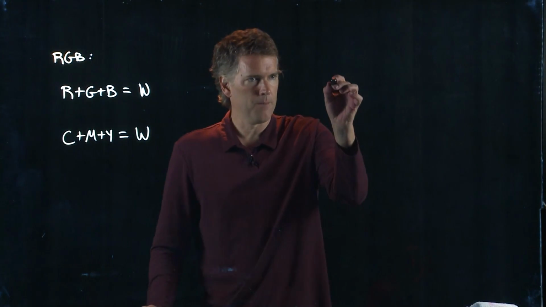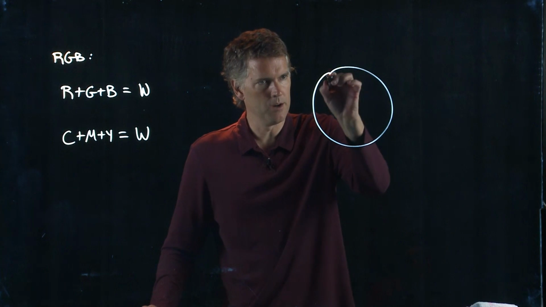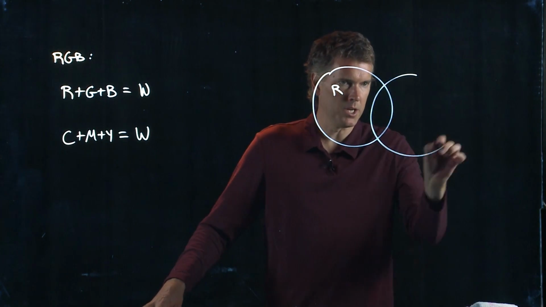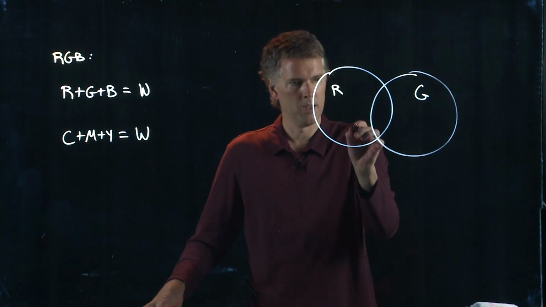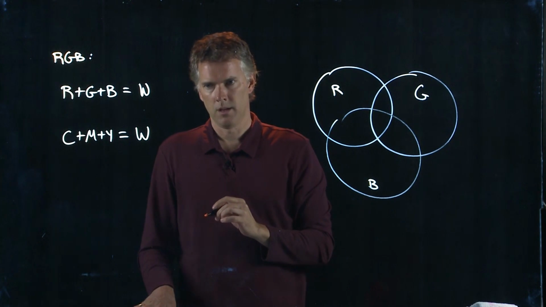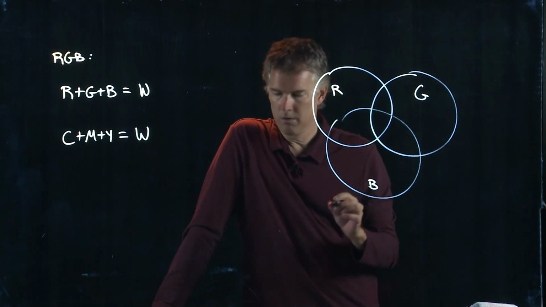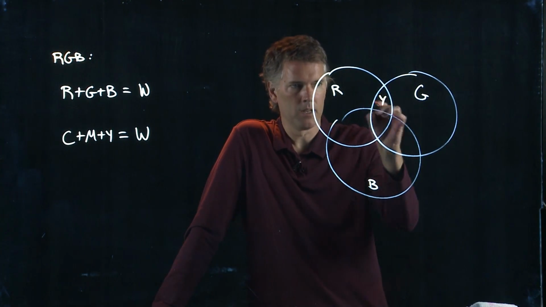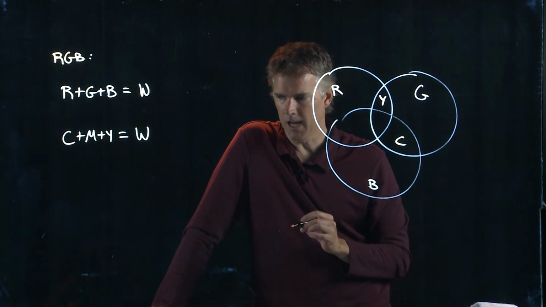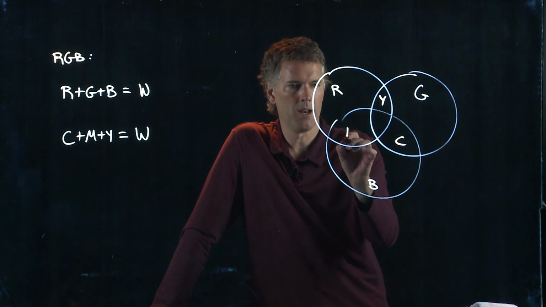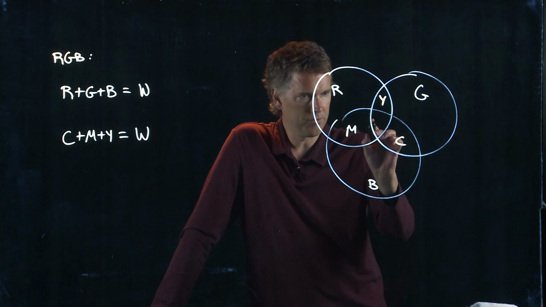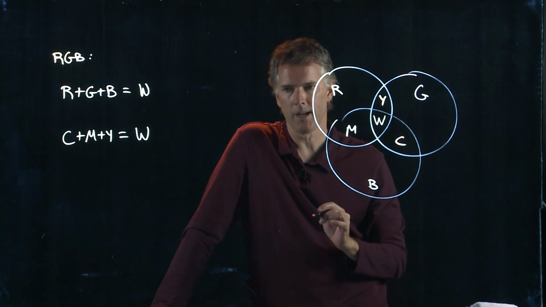So if I think about a region here of red, and I think about a region here of green, and a region here of blue, then in this overlap region, between red and green, I get yellow. And between green and blue, I get cyan. And between blue and red, I get magenta. And if I add all those things together, then I get white.